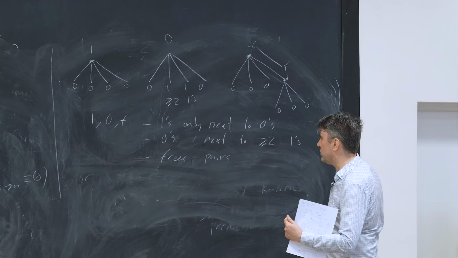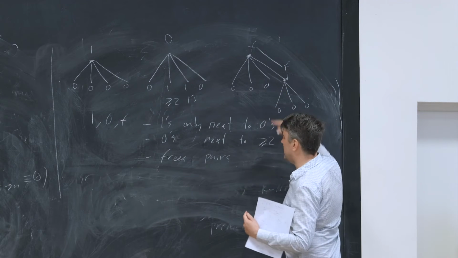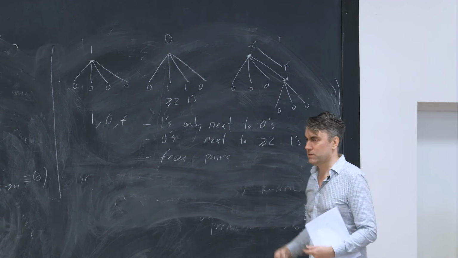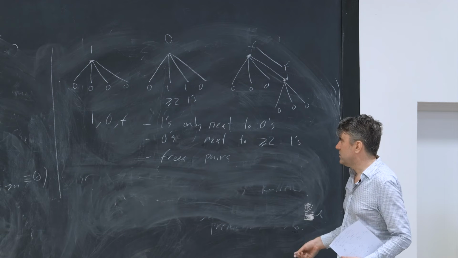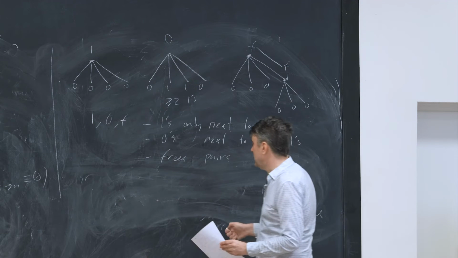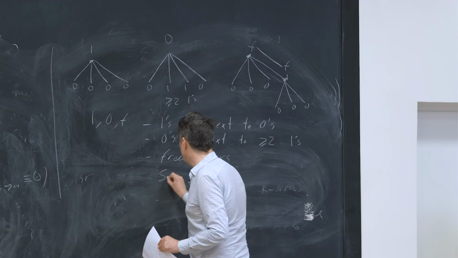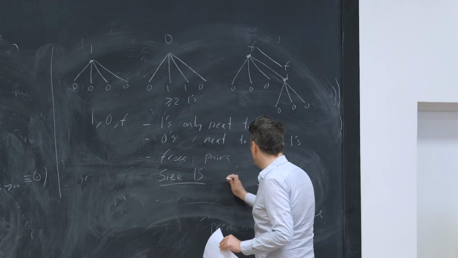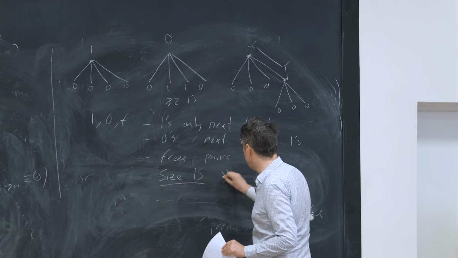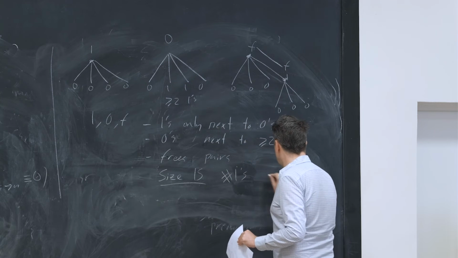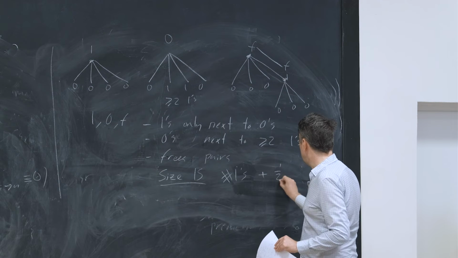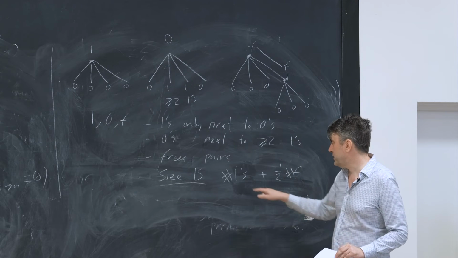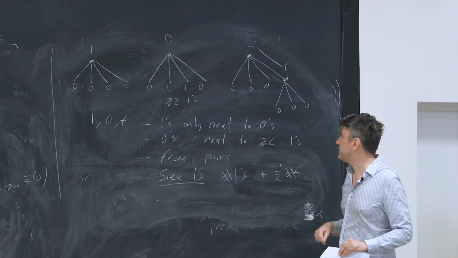And the free variables correspond to edges where in both directions you have a one message going between them. And then if I want to build an independent set, the size of the independent set is the number of ones plus half the number of free variables. So every time I see a 1, I can put that in my independent set.